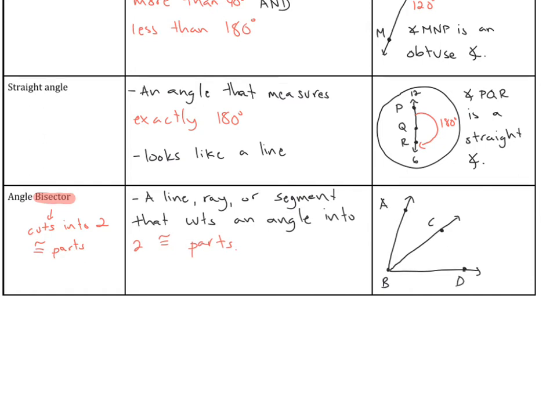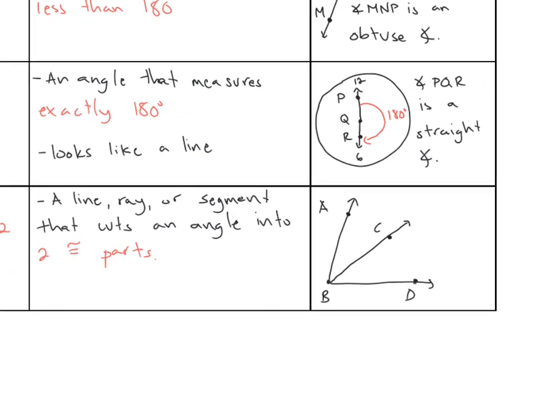Now, if the problem tells me that ray BC is an angle bisector, then what I can conclude from that is that angle ABC is congruent to angle CBD.